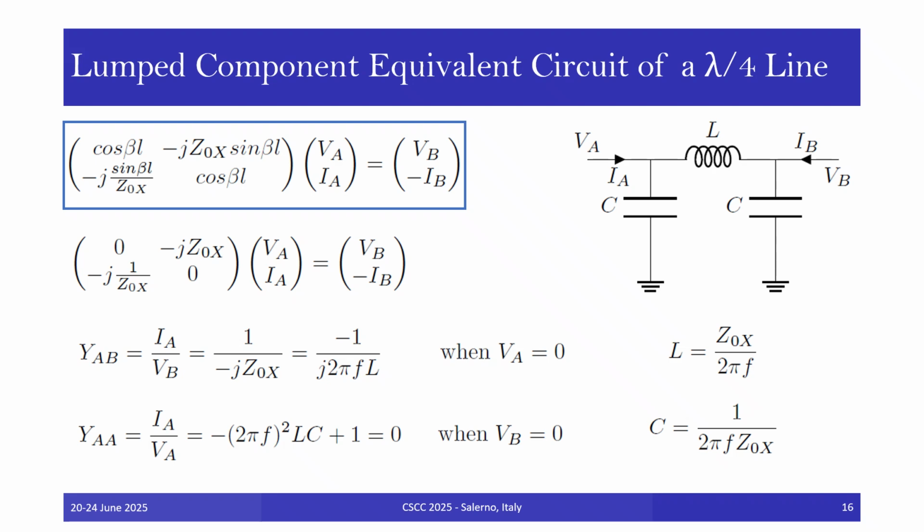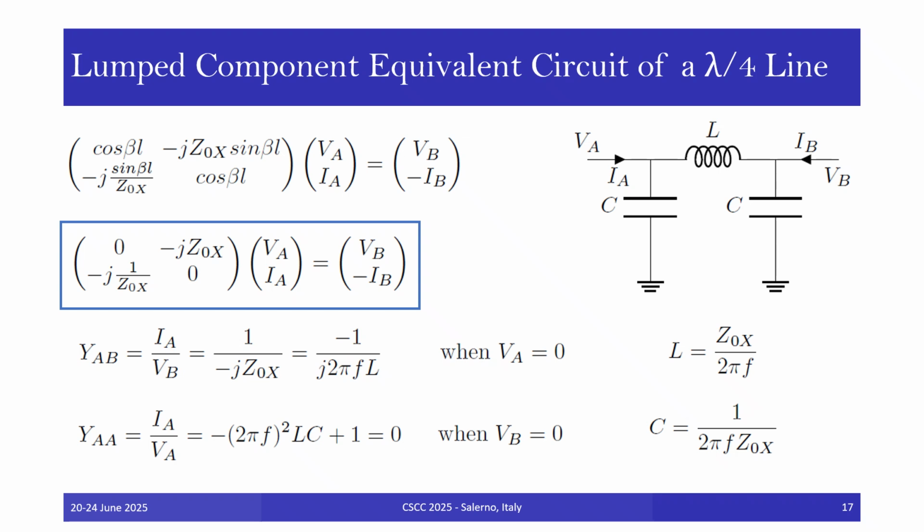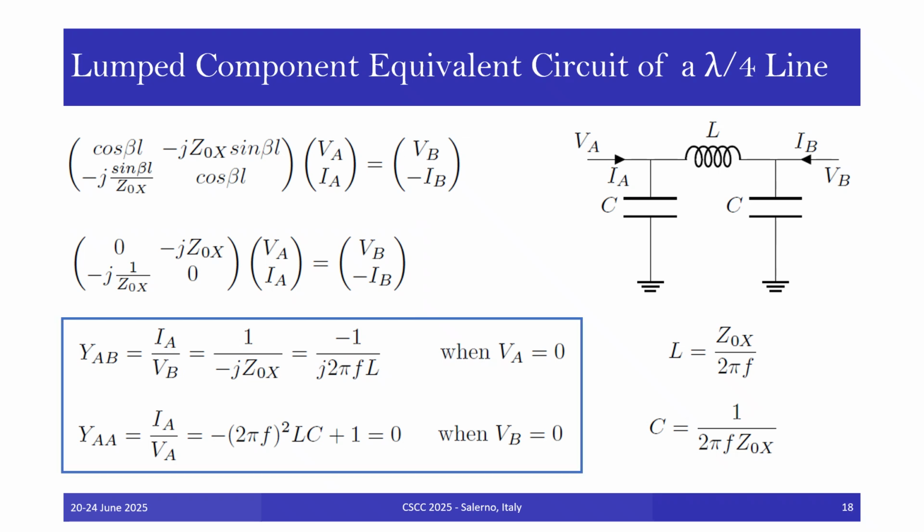Its transmission parameter representation based on the telegrapher's equations is highlighted here, where beta is the transmission line phase coefficient, VA is the sending end voltage, IA is the sending end current, VB is the receiving end voltage, and IB is the receiving end current.